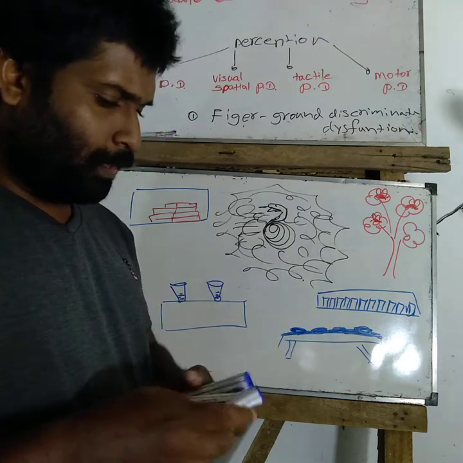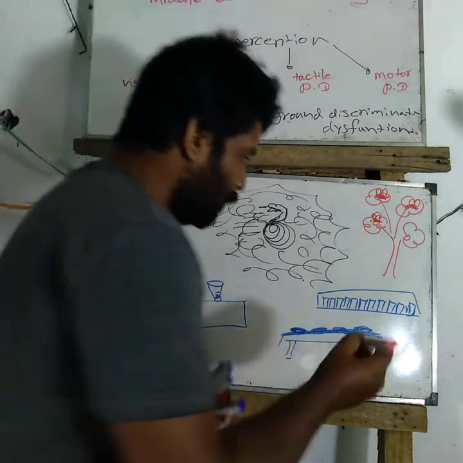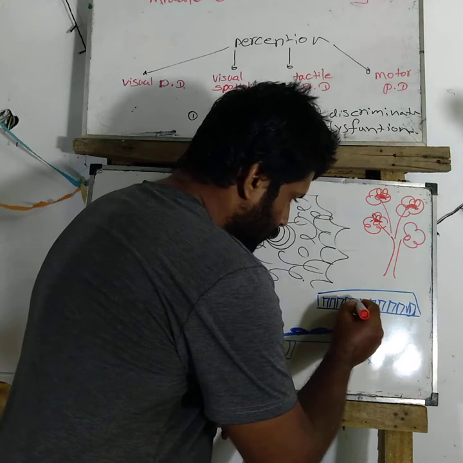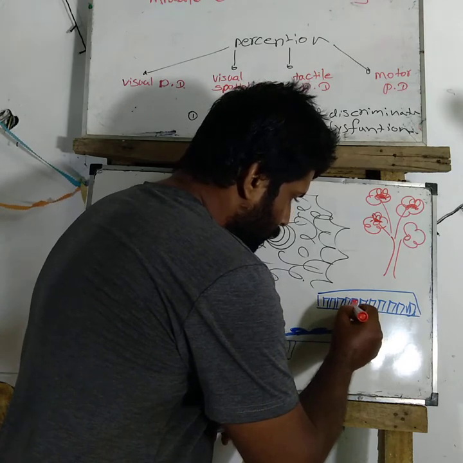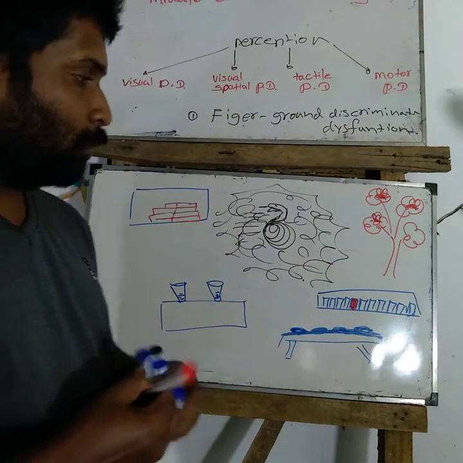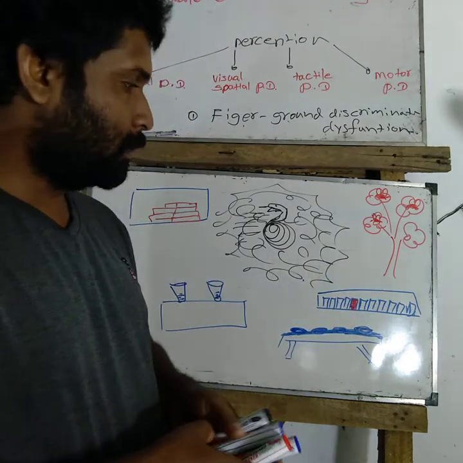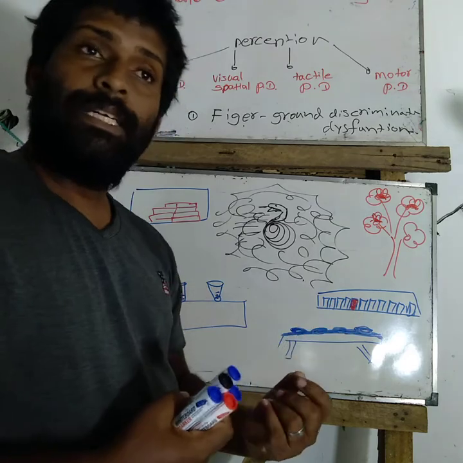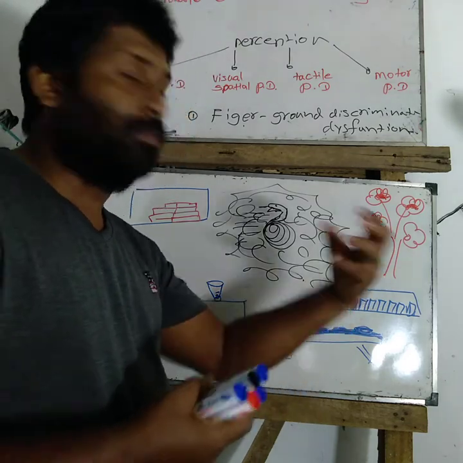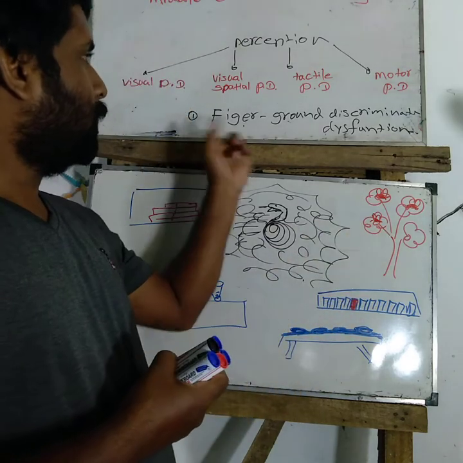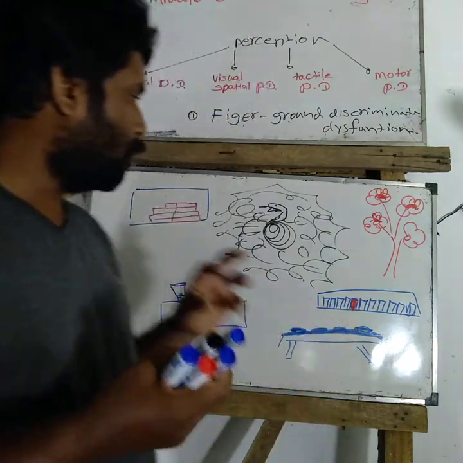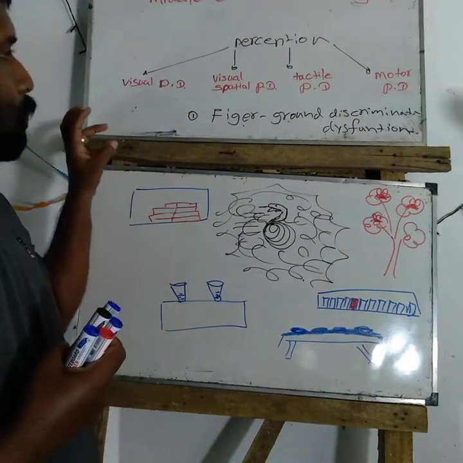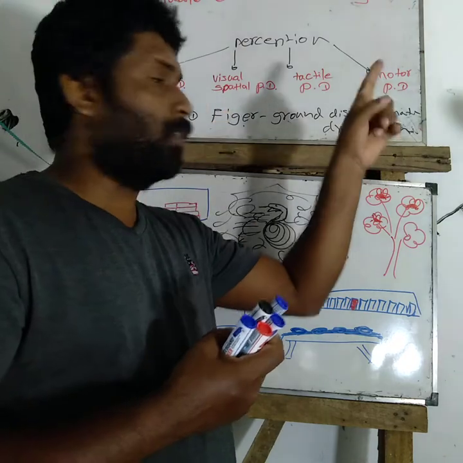How do we quickly select the medical dictionary from this book rack? There's another problem, the figure ground discrimination problem. How to select the dictionary from the book rack. Right, you get some idea about this figure ground discrimination dysfunction.